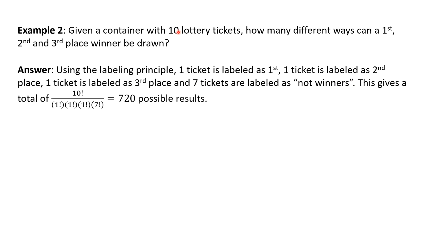So we have a total of 10 that goes in the numerator, and then we have 1 factorial times 1 factorial times 1 factorial for the first, second, and third place tickets, and then we have 7 factorial for the not winners. So when we divide 7 factorial into 10 factorial, we just get 8 times 9 times 10, which is 720.